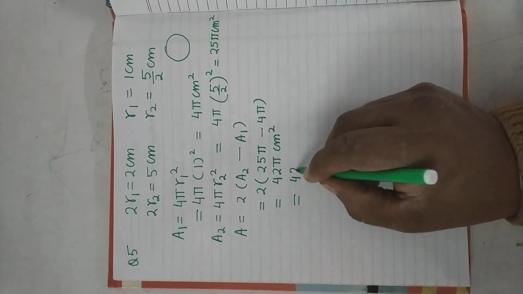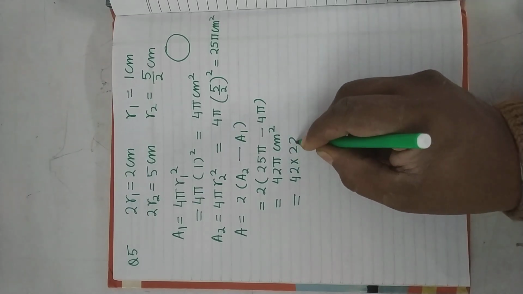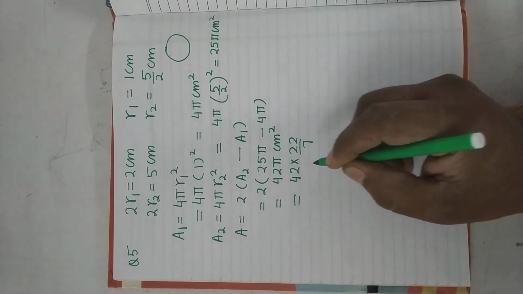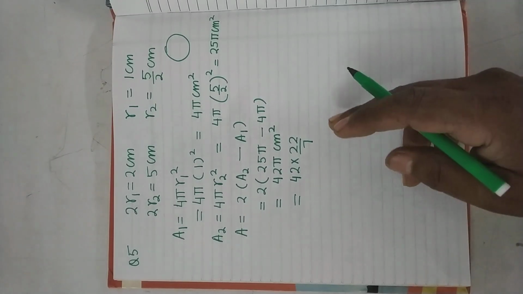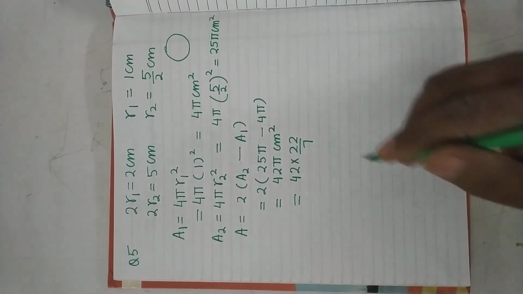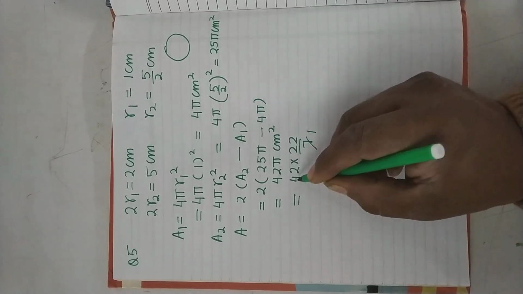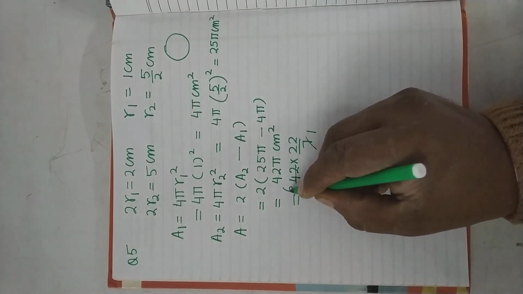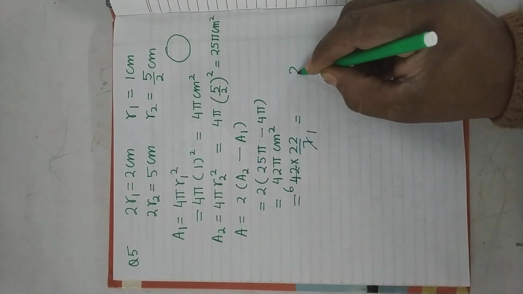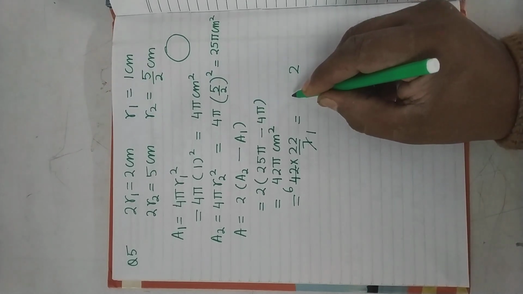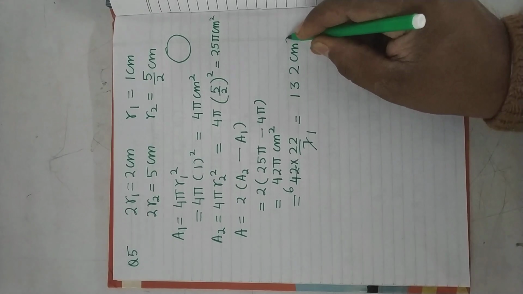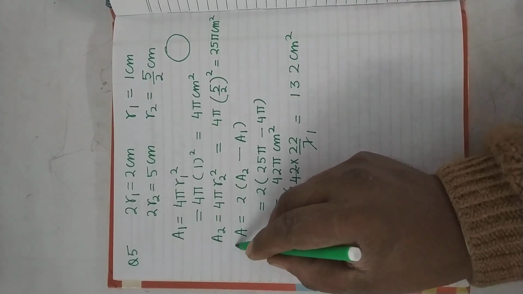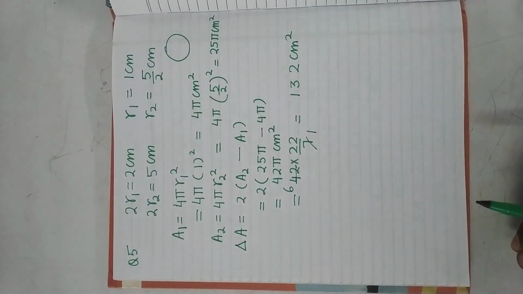So it will be 42 into 22 upon 7. We will not put 3.14. And why? Because we know that 7 sixes are 42. Here you have to use your mind. So 6 twos are 12, 1, 13. So this is 132 centimeter square. It's clear? This is the net increase in area.